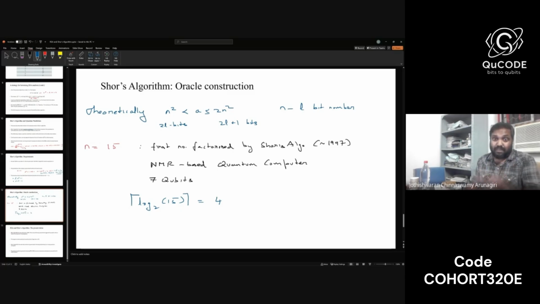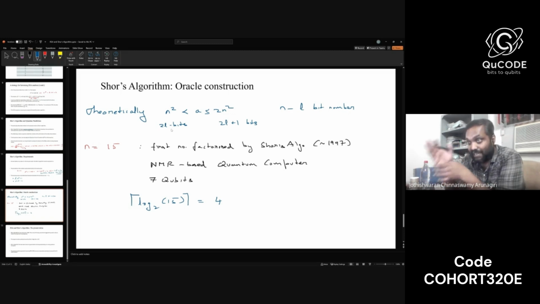So I need 4 qubits to represent the modulus itself. So I have 3 qubits left for the choice of A. So A can only be between 0 and 7. So this is actually a very poorly implemented Shor's algorithm. This is not implemented in accordance with the theoretical recommendations.